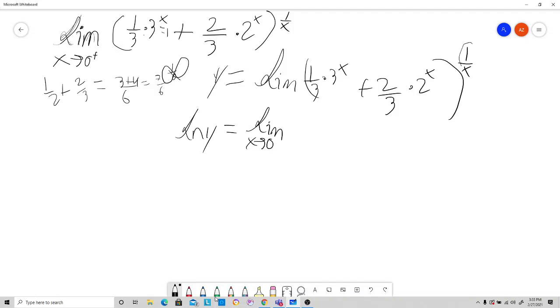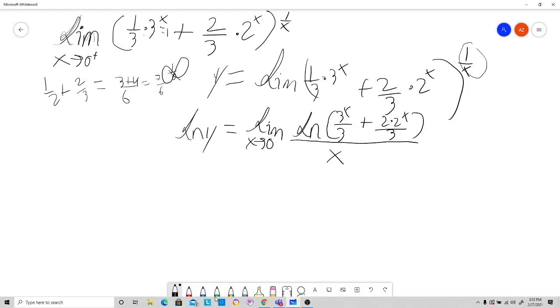That means this fraction right here can go to the front. Those are just properties of logarithms. That means this x will come down here, and then this will be the ln of 3^x over 3 plus 2 times 2^x over 3.